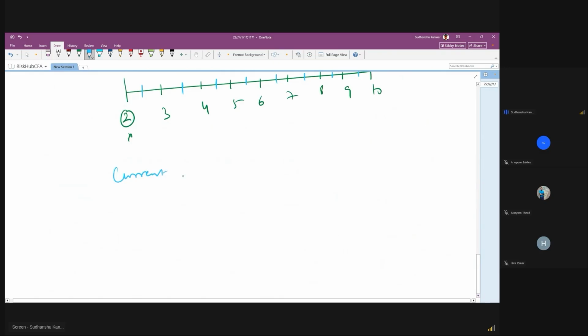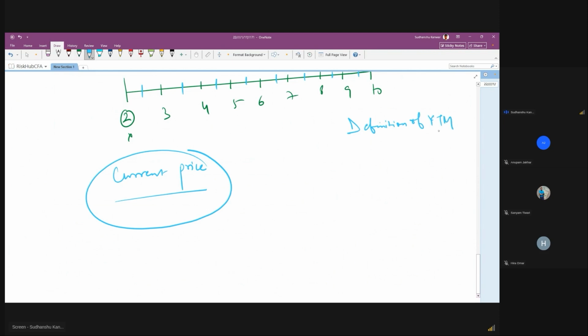I told you in the definition of YTM, if you go back to the definition of YTM, which I'll write down here also. The definition of YTM was that YTM is that magical, hypothetical yield.